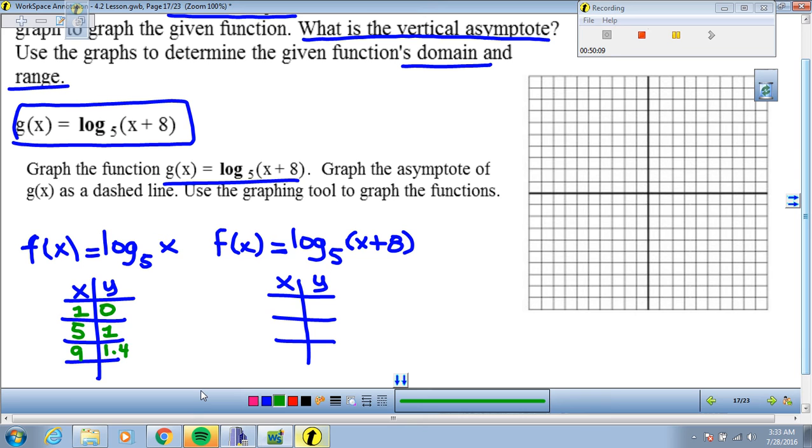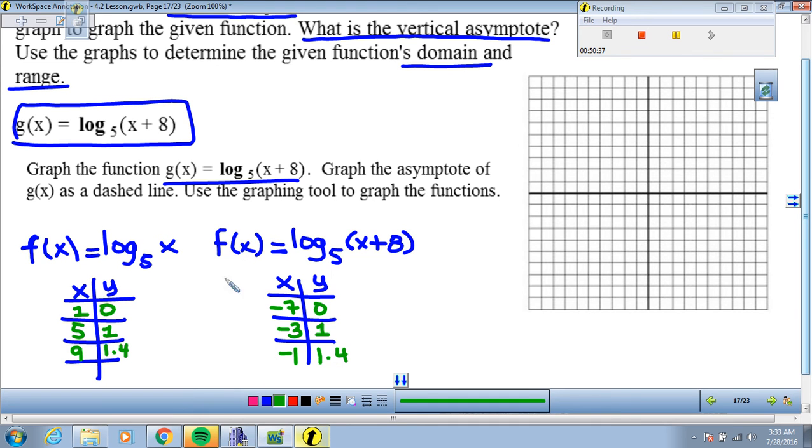It's going to shift your graph horizontally 8 units to the left. That means you're going to subtract 8 from every x value from the previous table. 1 minus 8 is negative 7, 5 minus 8 is negative 3, 9 minus 8 is negative 1. The y's stay the same. And that's the only transformation you need to do.